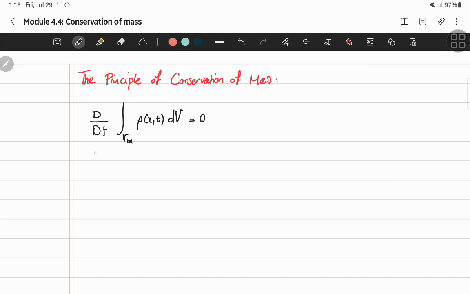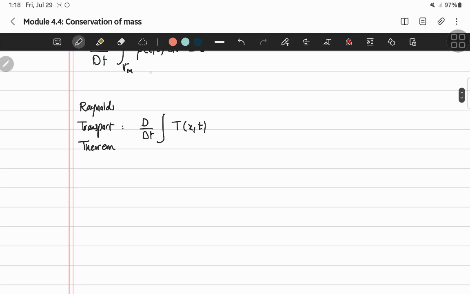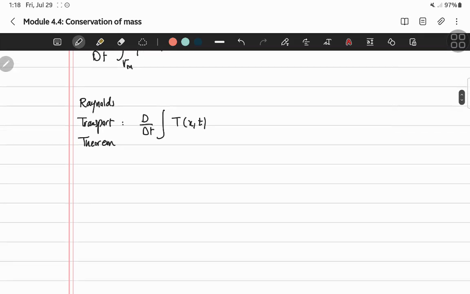So if I also write the Reynolds transport theorem, just as a reminder, we basically had the material derivative of a tensor field. Here we have rho, for example, it's a scalar field, so it's a zero order tensor.